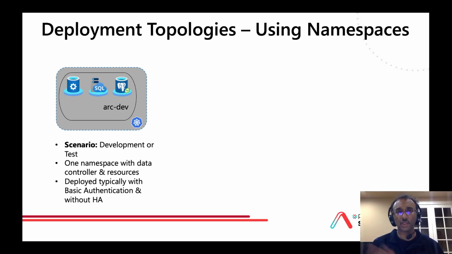One of the ways you can leverage this deployment model is to create a namespace. That's what is shown here. This is your Kubernetes cluster. I've created a namespace called arc dev, and now you can make your development team the administrators of this namespace, and then they can go and create the data services there.